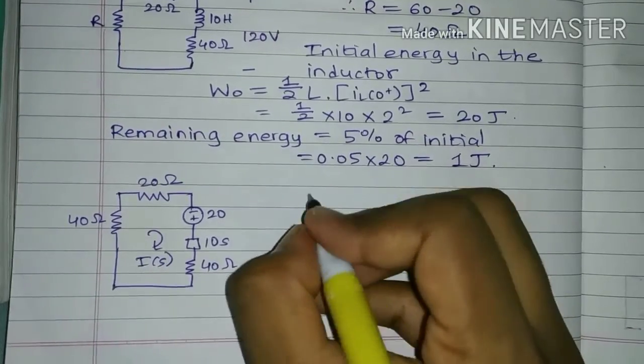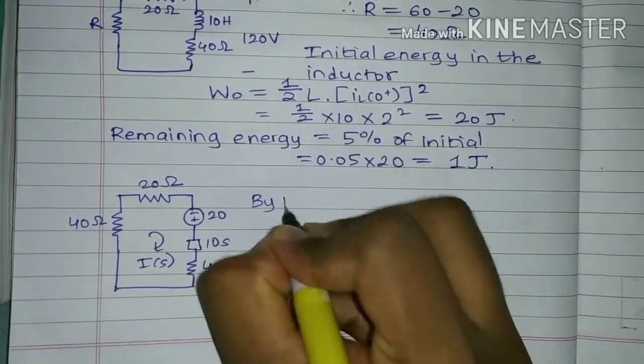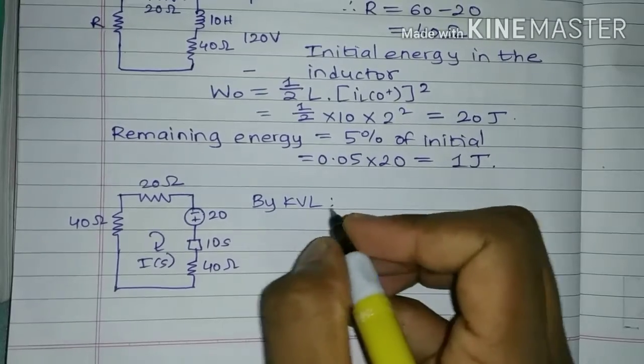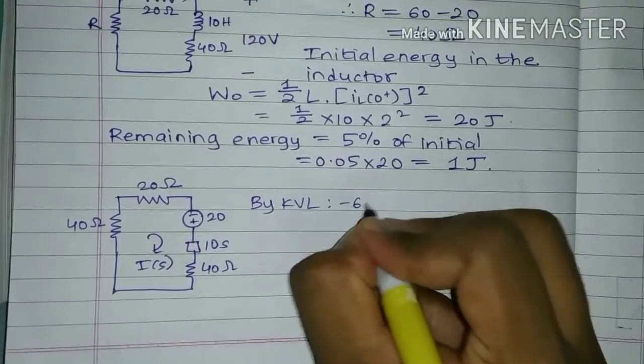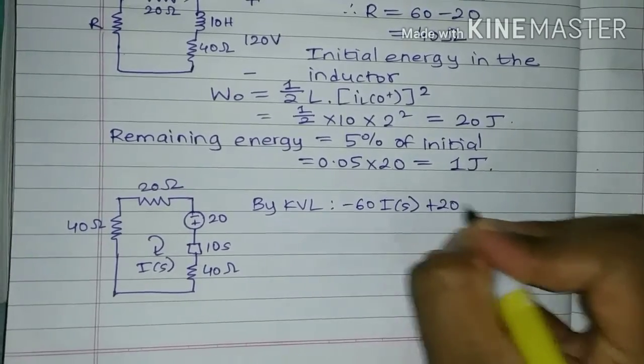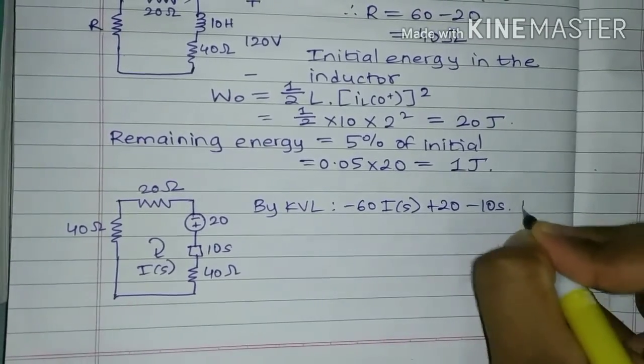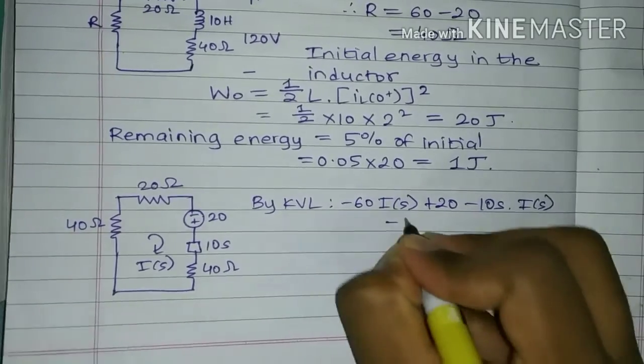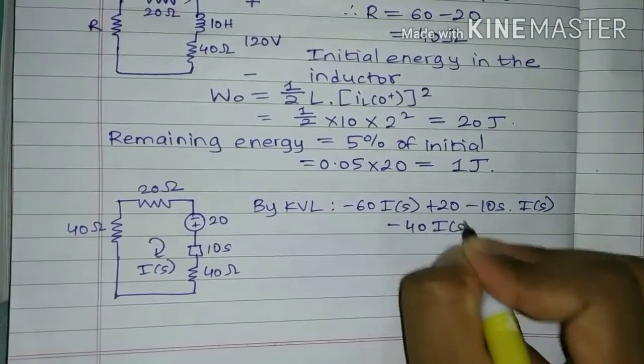So by KVL we can write that minus 60 into I of s plus 20 minus 10s into I of s minus 40 into I of s is equal to 0.